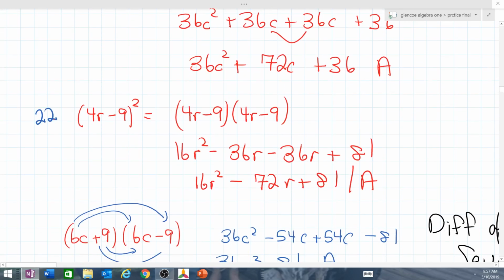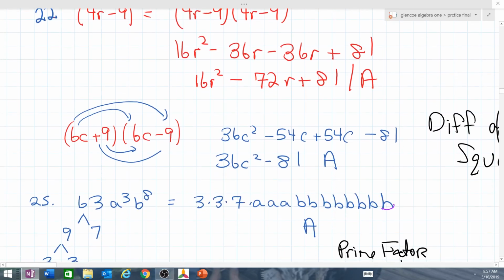Again, 22 is similar. 4r minus 9 quantity squared is 4r minus 9 times 4r minus 9, or 16r squared minus 72r plus 81.